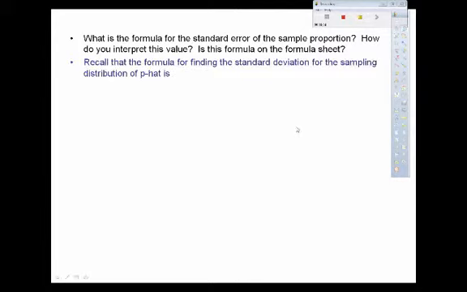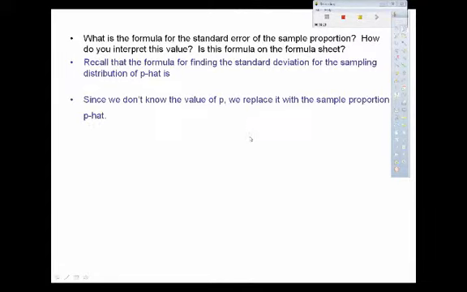Alright. Recall that the formula for finding the standard deviation of the sampling distribution of p hat is the square root of our population proportion times 1 minus the population proportion over n.